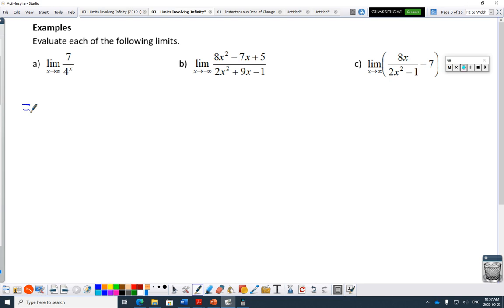Well, let's just think about, in our brain, what's going to happen here as I sub in very large x values. No matter how large an x value I sub in, the numerator is going to be 7. The denominator, though, is going to go 4 to the power of whatever my large number is. Just imagine subbing in 1,000 for a second.